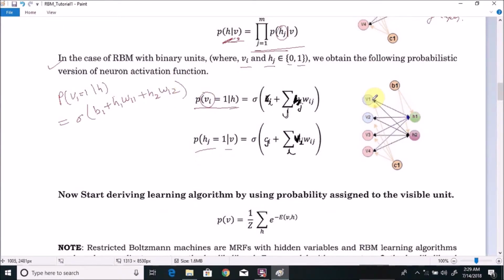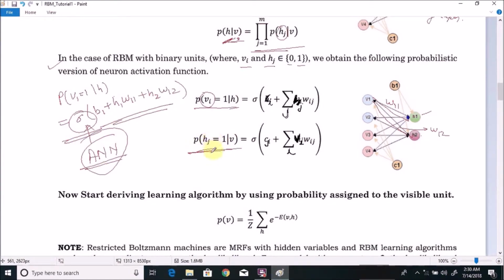Here H1 and W11 represent this weight, and H2 and W12 represent this weight. So this is the conditional probability, and the sigmoid is the same one that we generally use in ANN based computations. So only this part is slightly similar to the artificial neural network.